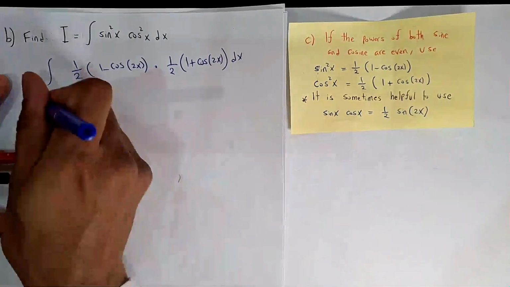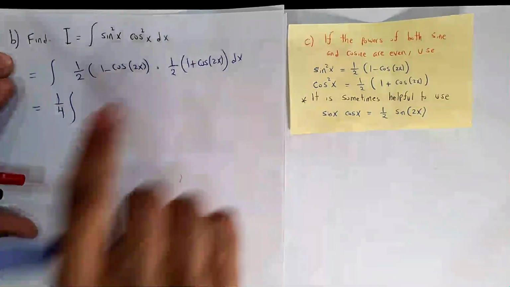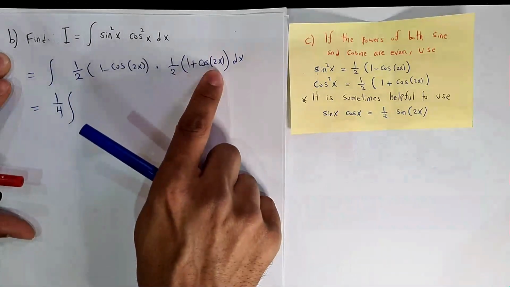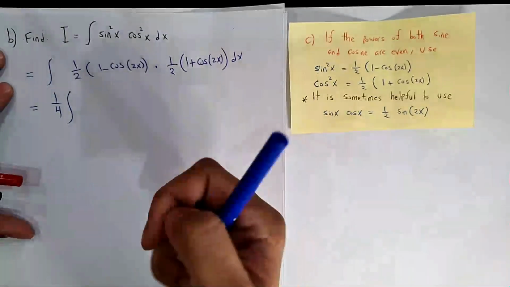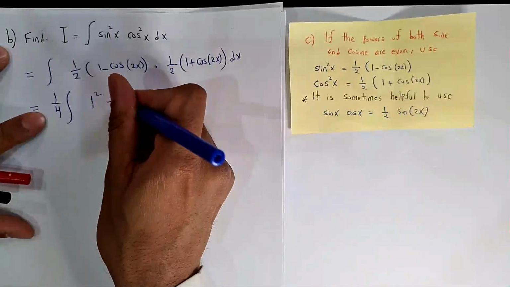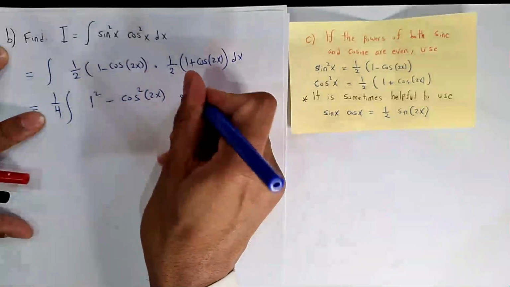Now simplify. Half times half, this will be 1 over 4. And multiply the brackets. See it this way: 1 minus a times 1 plus a. It will be 1 square minus a square. Right? Difference of two squares. So I will get 1 square minus cosine square 2x dx.